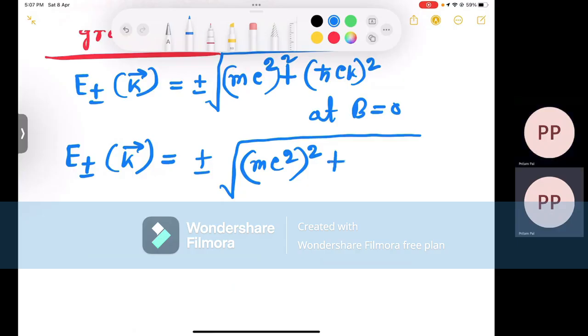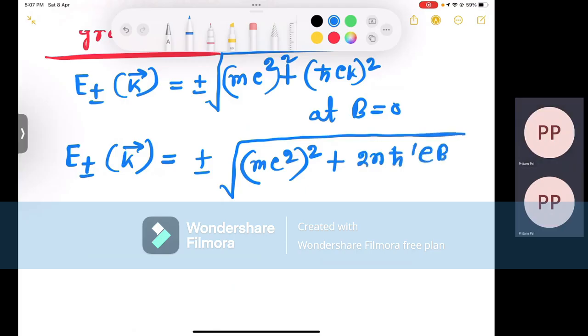Then you have the same, plus the quantized part, 2n h cut e B c square, at p not equal to 0. Okay, so the derivation is quite involved actually; basically consider the Dirac equation in the magnetic field. From there you can easily derive.